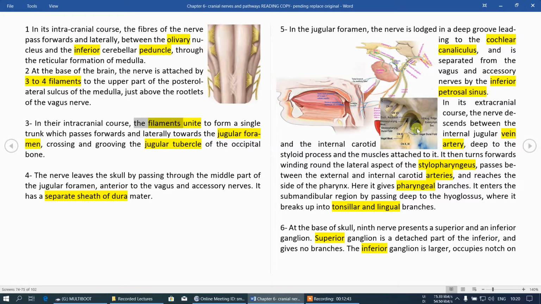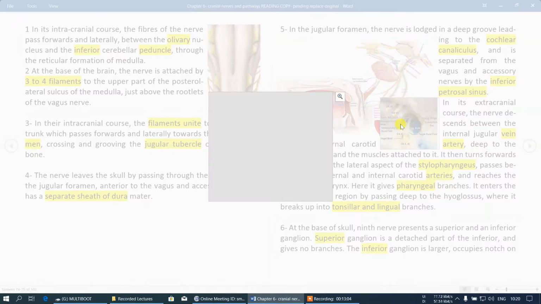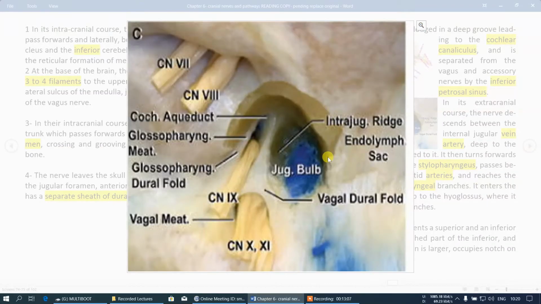There is a neurovascular compartment: neuronal means the 9th, 10th and 11th cranial nerves, and vascular means artery and venous sinuses. If I find a better diagram, I will show you in some next lecture. Right now you can see here the area of the jugular foramen.